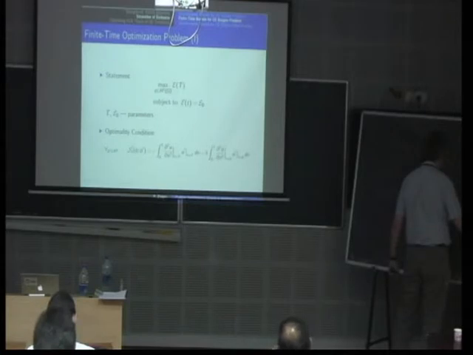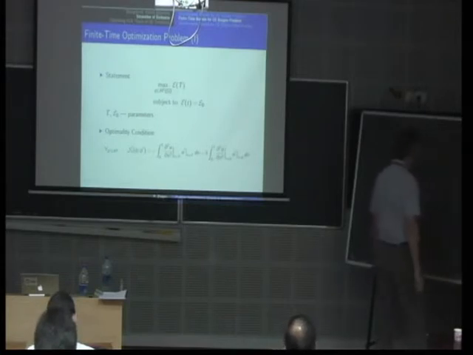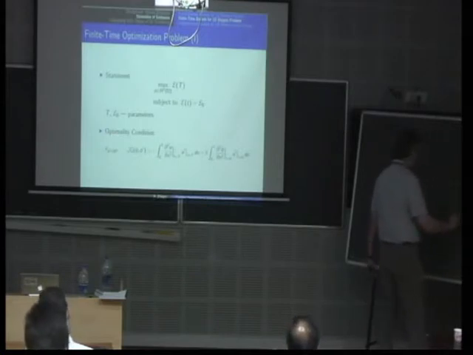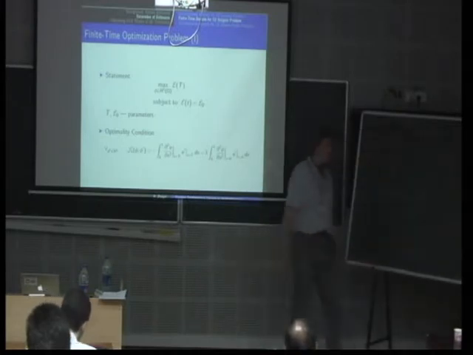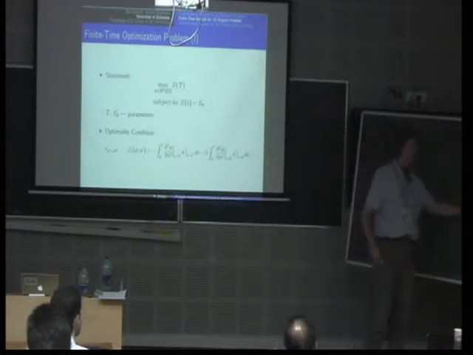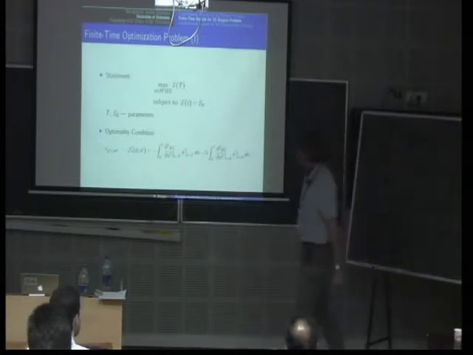So E of phi minus E0. And this constraint is scalar, so it means that the Lagrange multiplier is also scalar. So we see that if the constraint is satisfied, of course, this term turns into 0.